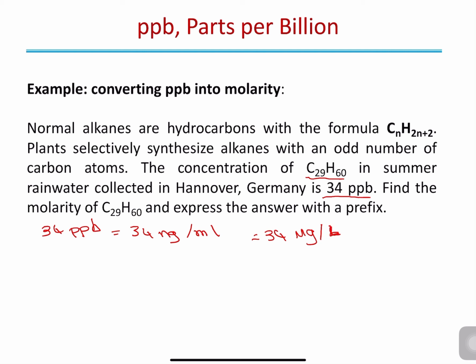So if you multiply by 1000, we can say it equals 34 times 10 to the power minus 6 gram per liter. So this is how much of this hydrocarbon we have per liter of the solution.